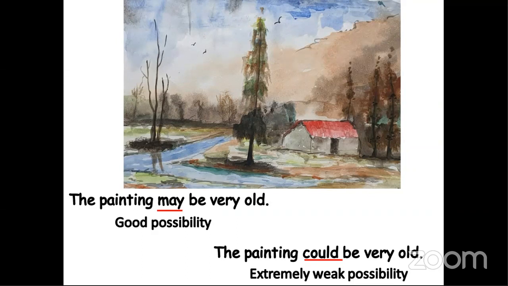So the situation is the same, but we're using two different modals. So what can we arrive at then? What characteristic does it speak about this modal? So it says that different modal verbs can be used in the same situation. So you have a particular situation, but you can use different modal verbs. So this is its second characteristic.